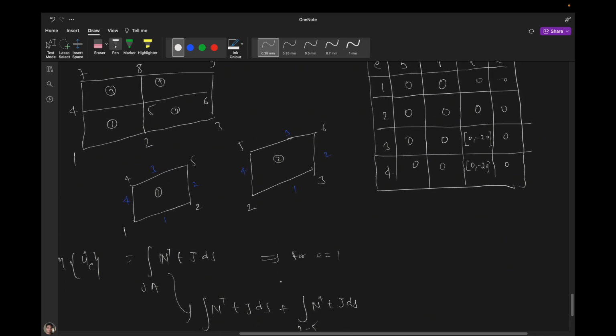You can see that the edge matrix will be multiplied in this case.